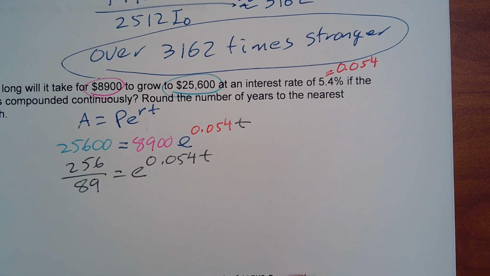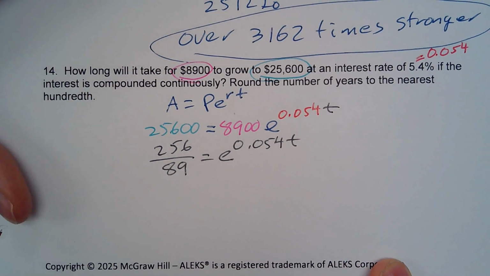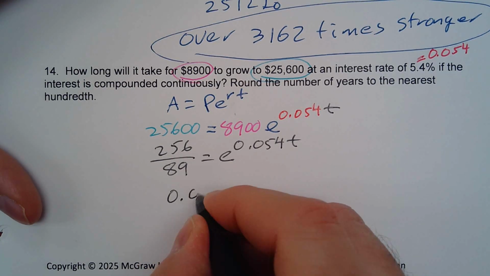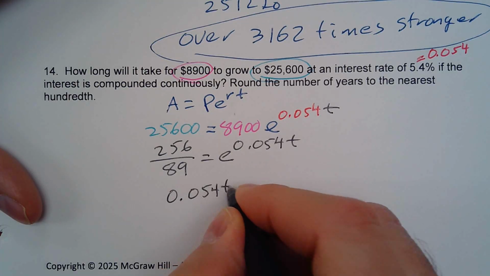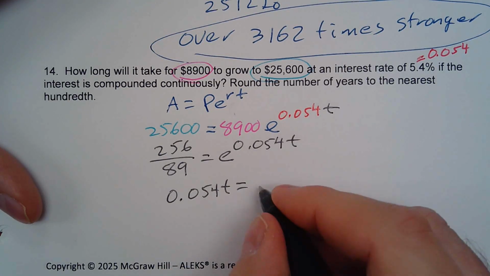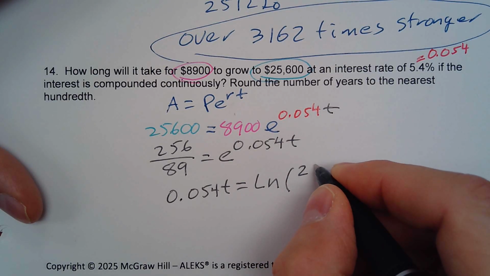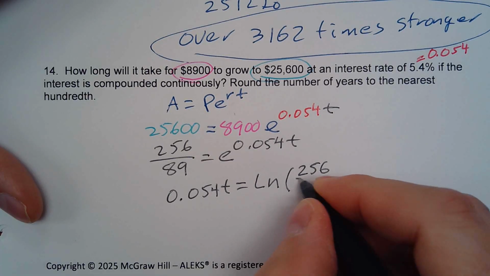Now we're going to use our definition of log to rewrite this as a log equation. So my exponent is 0.054t, and base e, thank God, that's the natural log. That saves us a step.